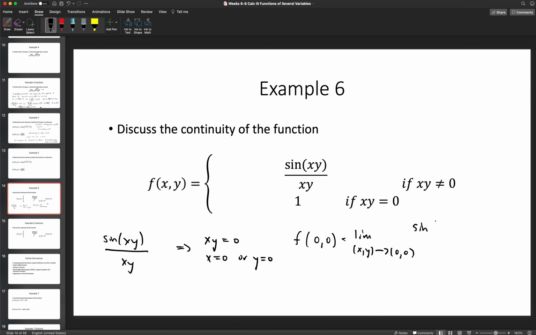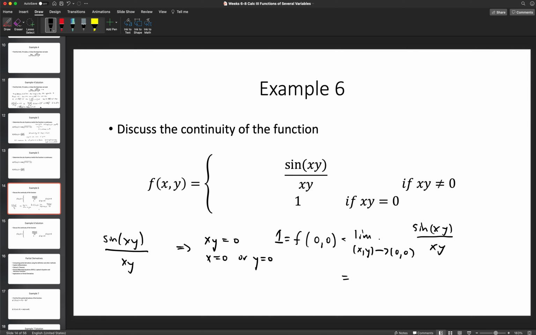Of course the first piece is not defined at 0, 0, but in the limit we can take the limit of this. And f of 0, 0 on the one hand is 1, because x times y would be 0 there. On the other hand, we have to see if this limit is also equal to 1.